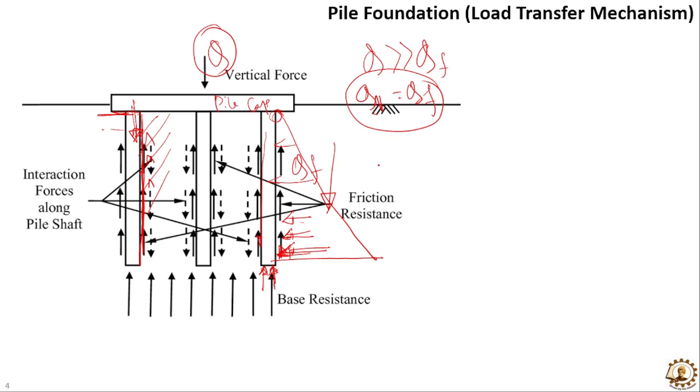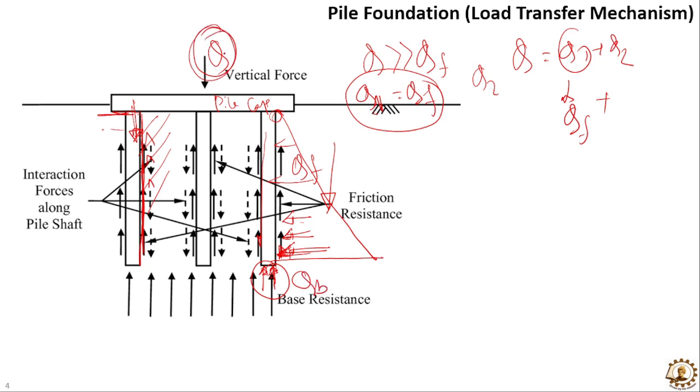The additional load will be taken by the end bearing. So the total load Q is a combination of Q1 and Q2, where Q1 is taken by the skin frictional resistance, and the additional resistance required to sustain the load coming from the superstructure will be resisted by the base resistance, known as QB.